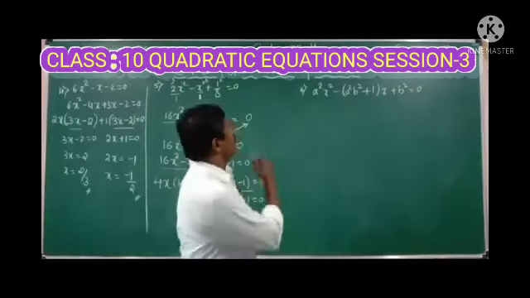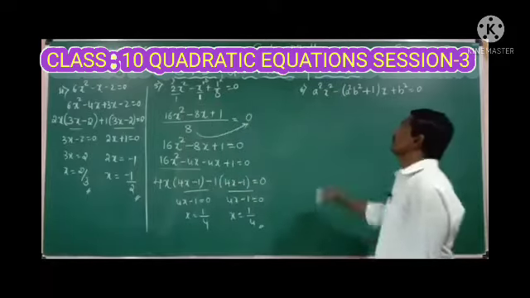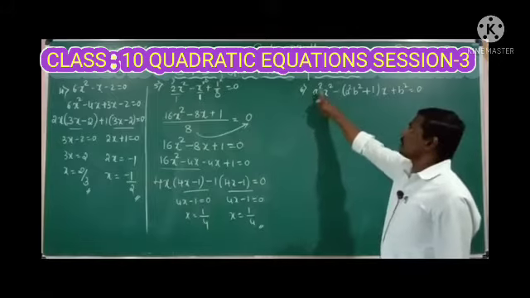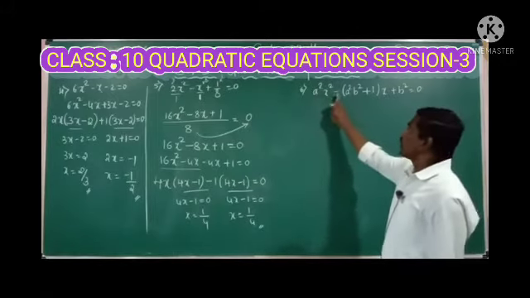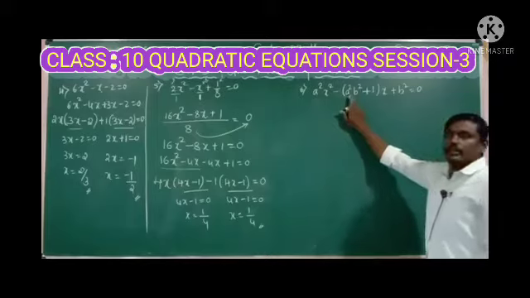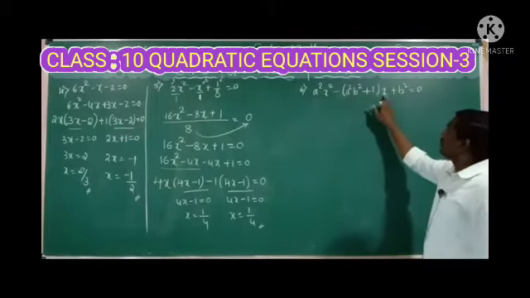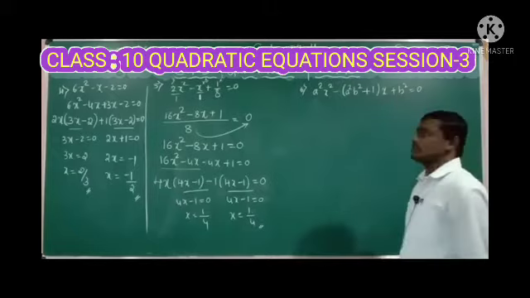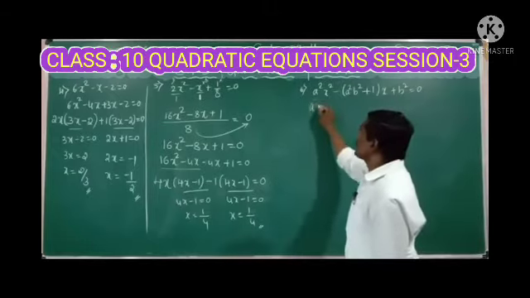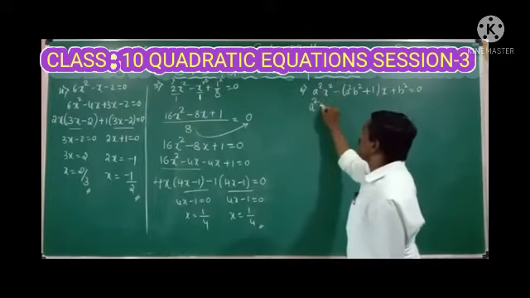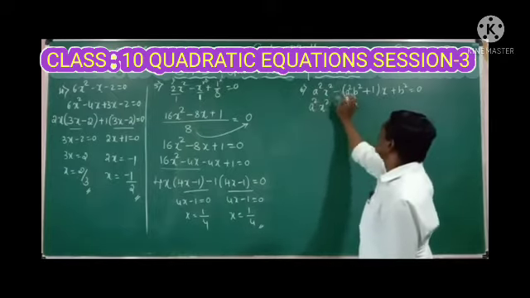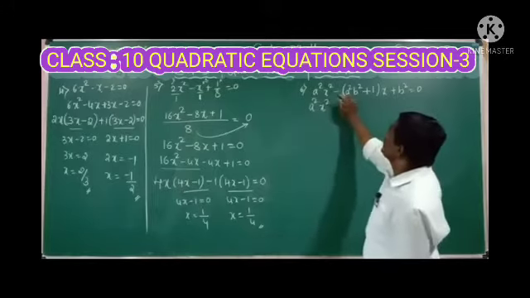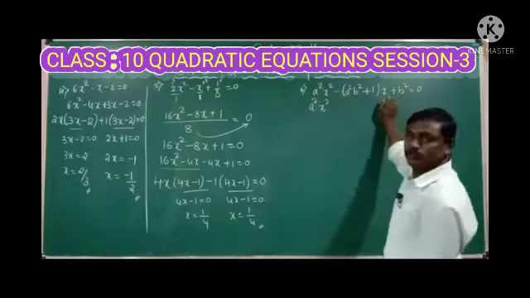Okay, see the sixth question. What is that question? a square x square minus a square b square plus 1 into x plus b square is equal to 0. So first write the first term as it is, a square x square. Just multiply minus to the whole term, right?